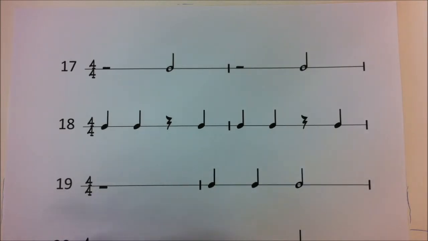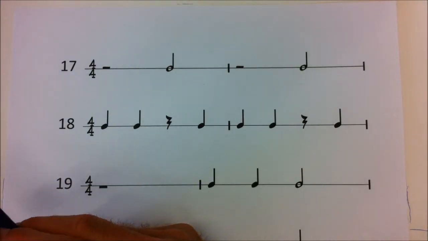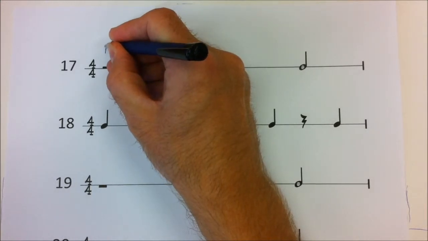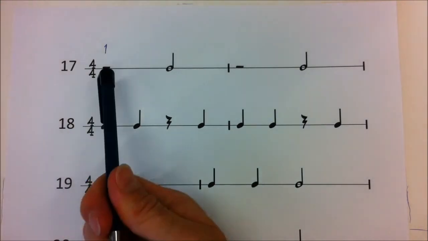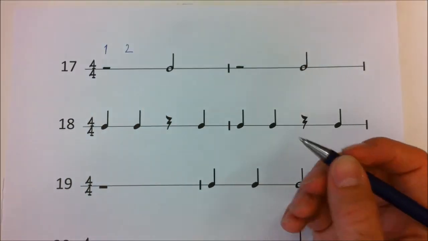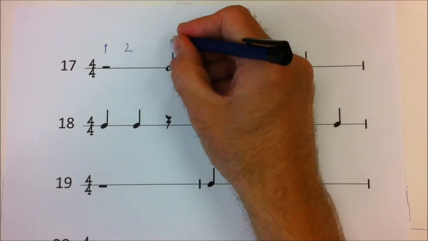So just as always, the first thing that we have in a bar is on beat number 1. So we'll write a 1 here, and if we identify what it is, this is a rest, as we said before, and it's a half rest, which means that it is 2 beats long, and it will cover beat number 1 and beat number 2. That means that the next thing we have would start on beat number 3.